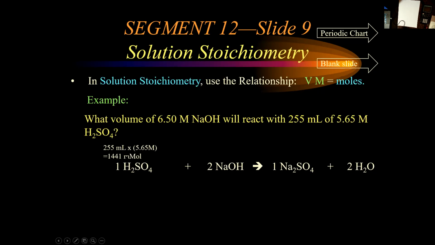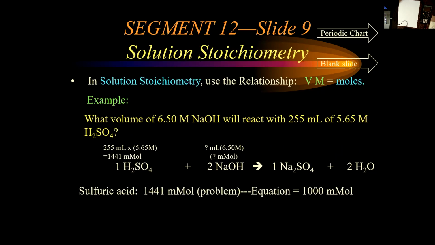I've been consistent here. I'll have a little more to say about this in a minute, but this would be 1441 millimoles, and we want to know what volume, so I'm going to solve in millimoles over here, and then I put in my equation.